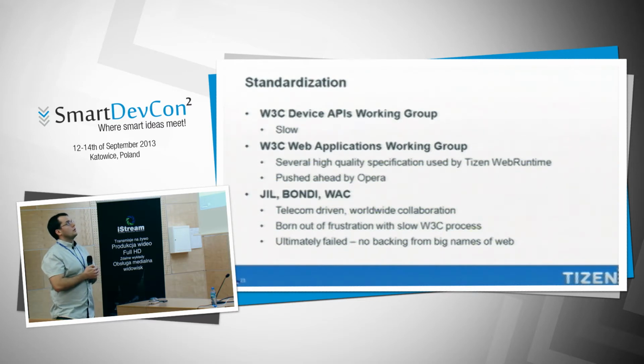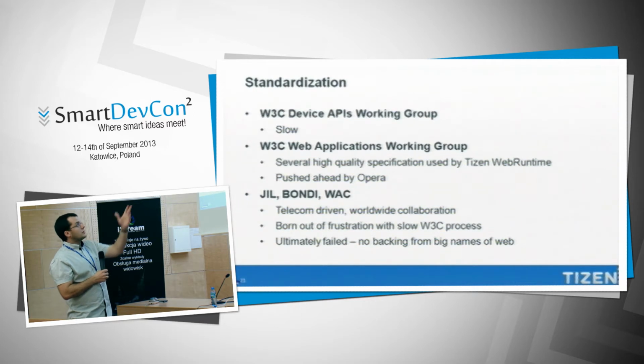But it was slow. It was not delivering at the pace that the companies involved wanted. It was partly because of the slow W3C process and partly because they couldn't reach a consensus.